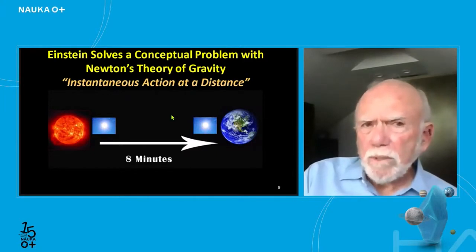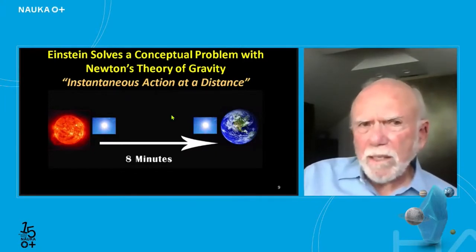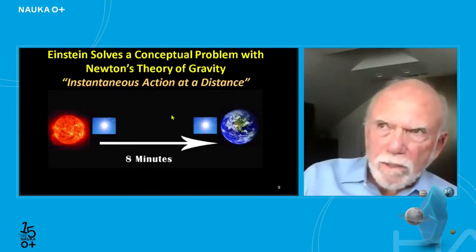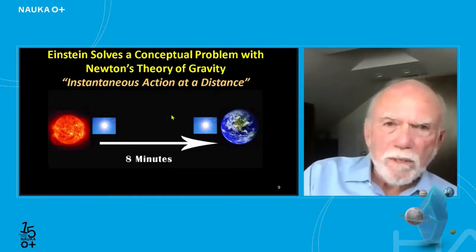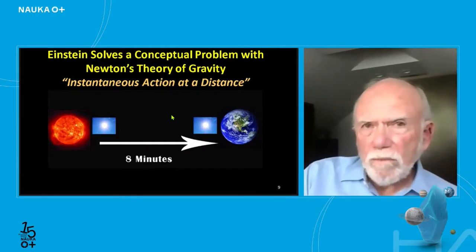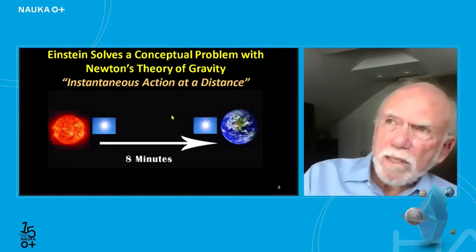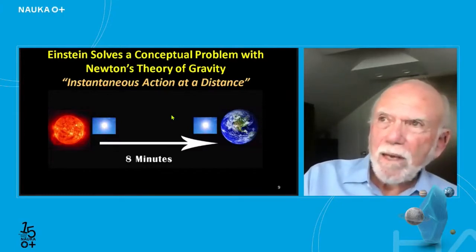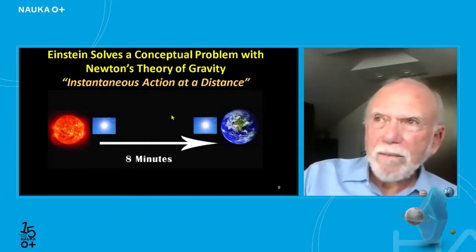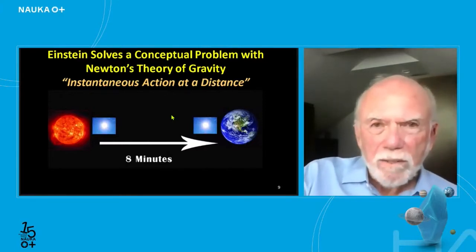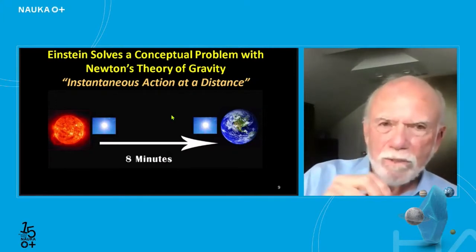So for example, if I do something dramatic, let's say the sun itself burns out right now, disappears. If the sun were to disappear right now, we wouldn't know it for 8 minutes. And that 8 minutes is because that's how long it takes the signal, this being light, the light and heat being emitted from the sun, to travel at the speed of light from the sun to the earth.